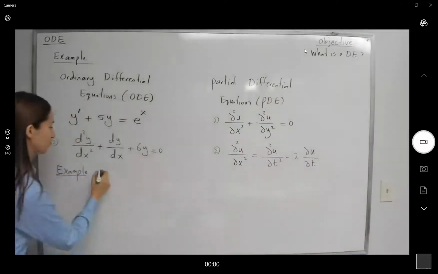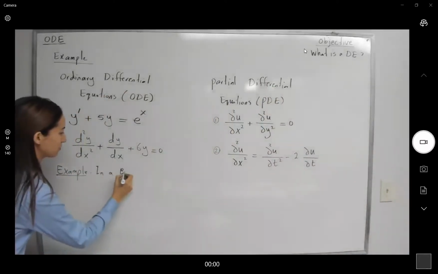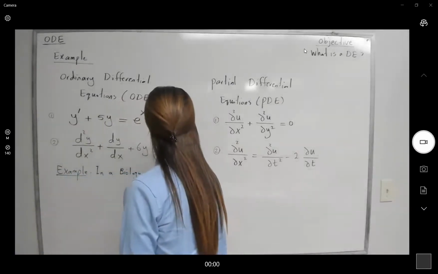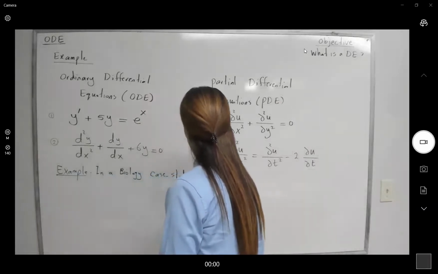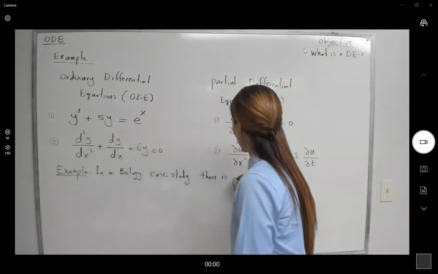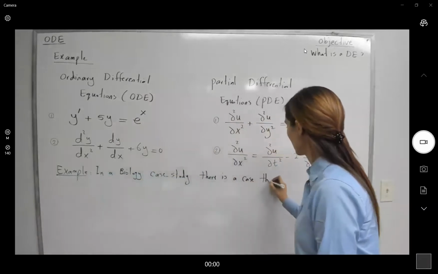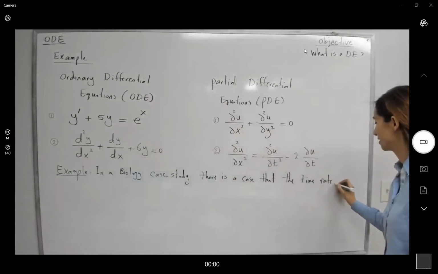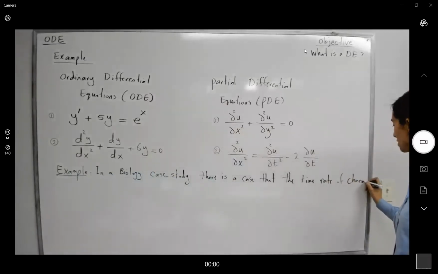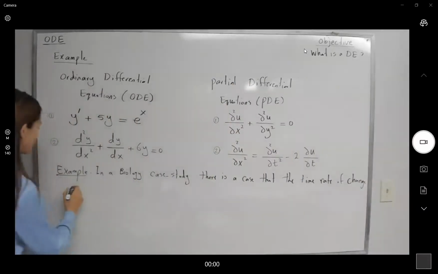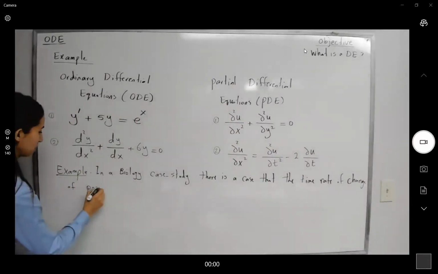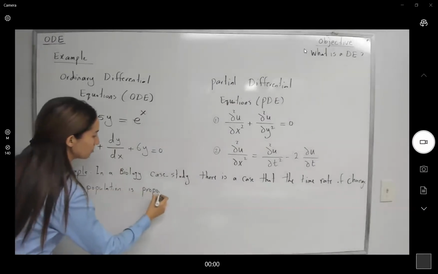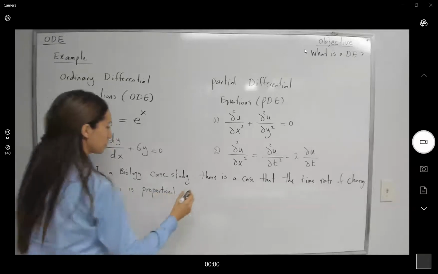So in a biology case study, there is a case that the time rate of change of population is proportional to the population itself.